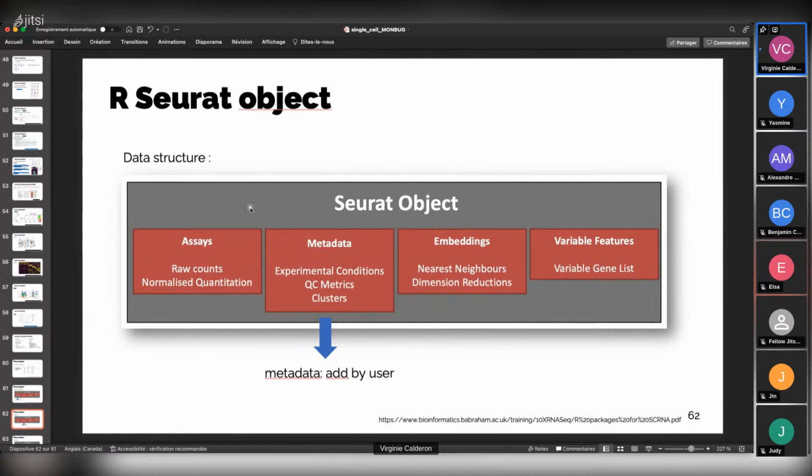So you can name it as you want, and it will keep the former information in your Seurat object. Okay, so you can have multiple cluster annotations in your Seurat object. So the metadata structure is really important because you can keep all the information you want in this one.